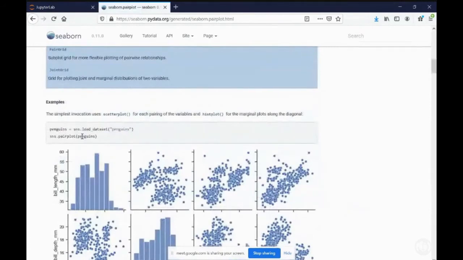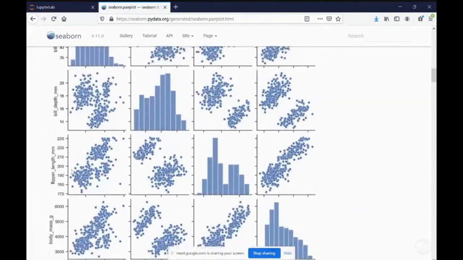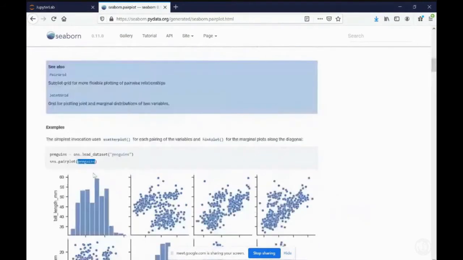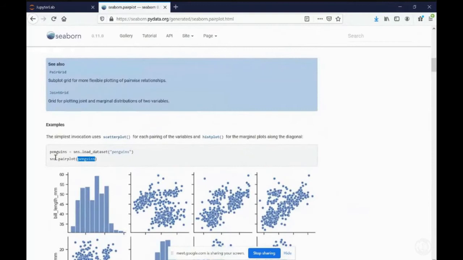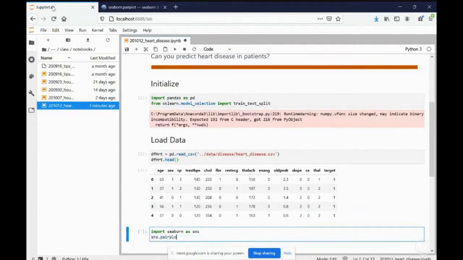You just say pairplot and then all the columns you want, and it'll create a grid of every column against every other column. Okay, so let's try that. Import Seaborn as sns, and then sns.pairplot.